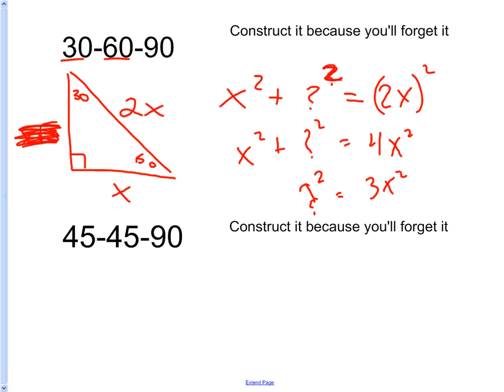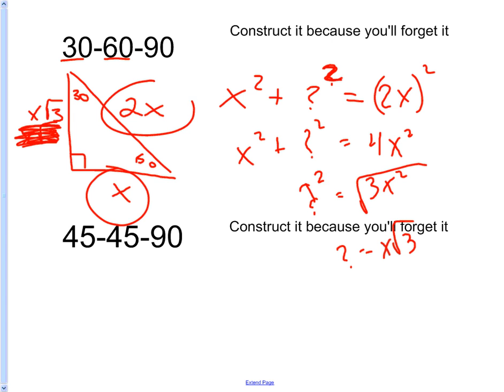And then I take the square root of both sides, and I'd say question mark is equal to the square root of that, which would be x times the square root of 3. And that would be a lot easier if you just remembered it. But now it'll hopefully be fresh in your mind. Okay, so you got your sides that are double each other, and then this one's got that crazy square root of 3 added in. Okay?